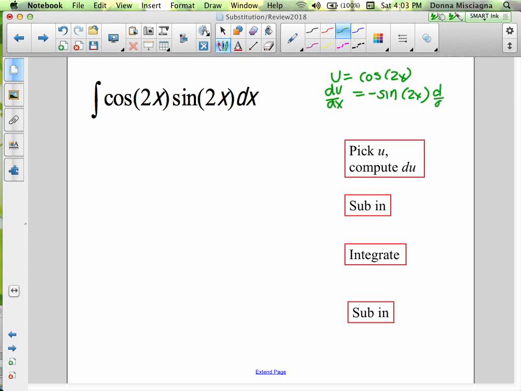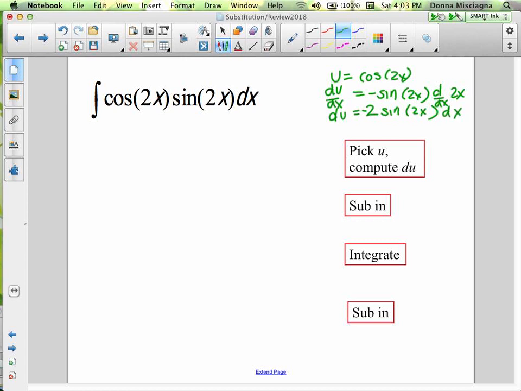So that would be du is equal, we'll move the dx over, so du equals negative 2 sine 2x dx.